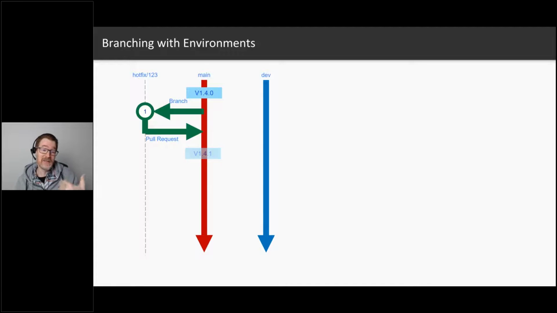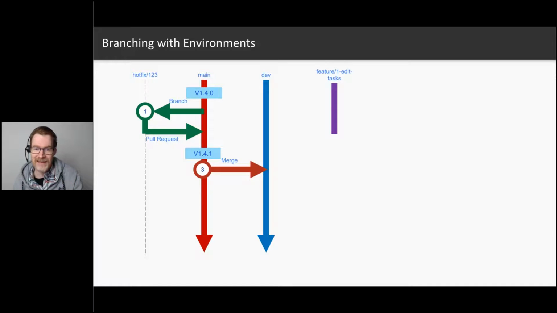But it not only works for hotfixes, right? Because you can have a development branch for the next version of your software, your next version of your solution. So this could be happening completely parallel to hotfixes. I could be creating an additional feature, and then when I'm ready, I can merge that into my main development branch and my environment. And then I can bring any hotfixes in and merge those from my main branch and resolve conflicts, if the hotfix, for example, has changed the same artifact that I've changed in my feature.